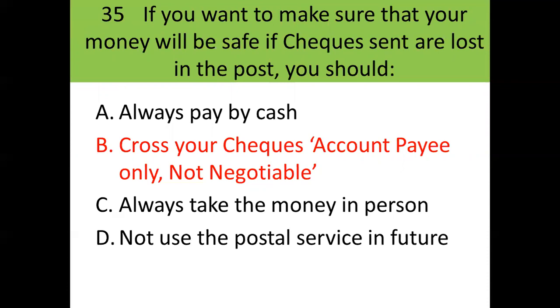Then your money will be safe, and no one can take that lost check and go to the bank to withdraw that money. You have to cross your check: account payee only, not negotiable.